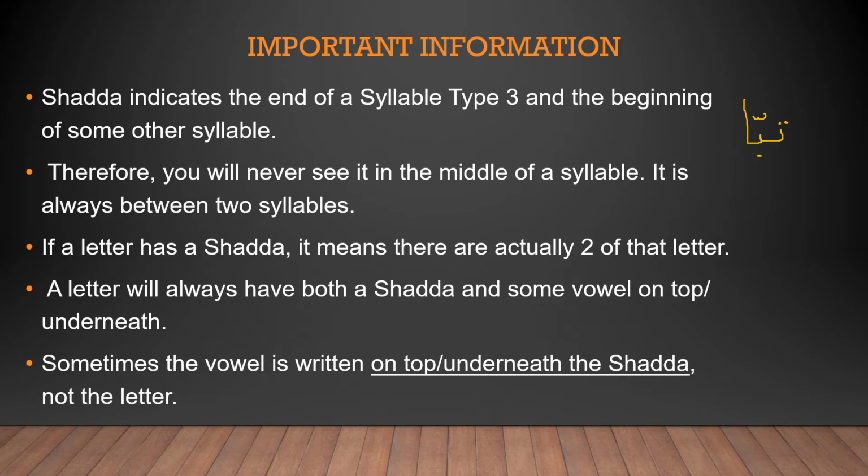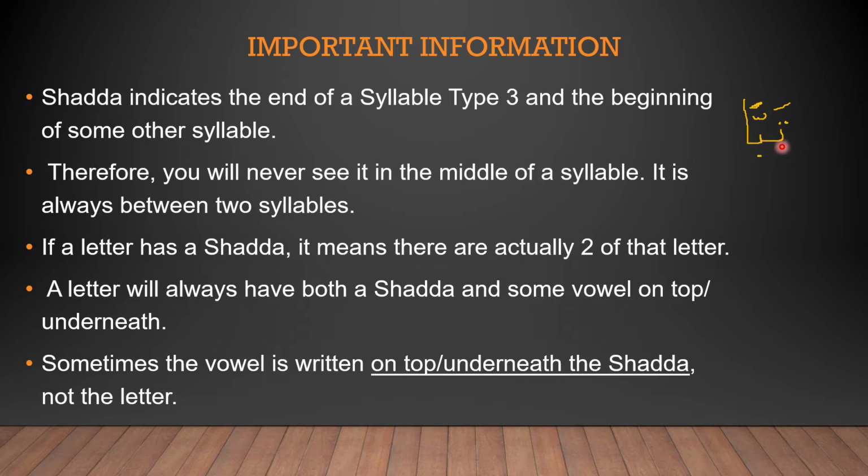But then there is alif also, right? So it's ta, ba and alif. So here we can see that when Shadda comes, it becomes syllable type 2. It can sometimes be syllable type 2 as well.